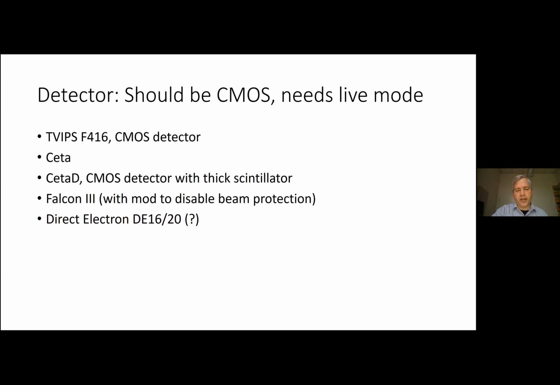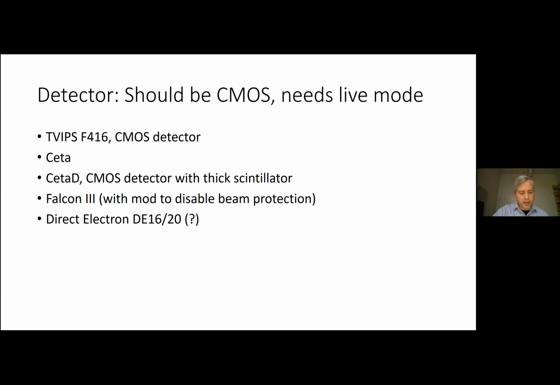You'd also have to have Thermo Fisher disable the beam protection software, because right now, as normally configured, you can't take diffraction images on the Falcon camera. The software won't let you, but that can be disabled. So those would be possible. I think the Direct Electron DE 16 or 20 would also work.